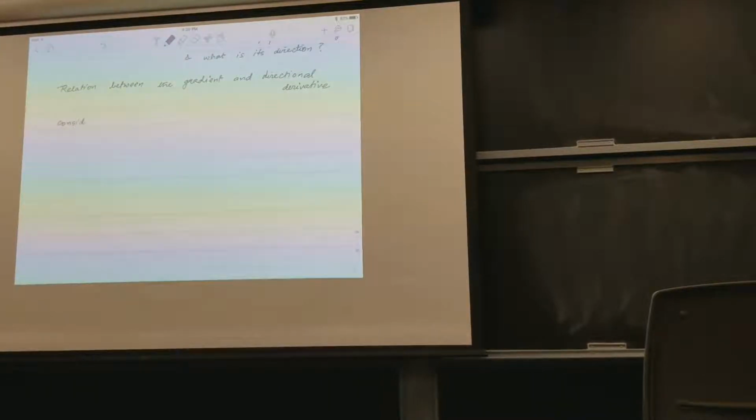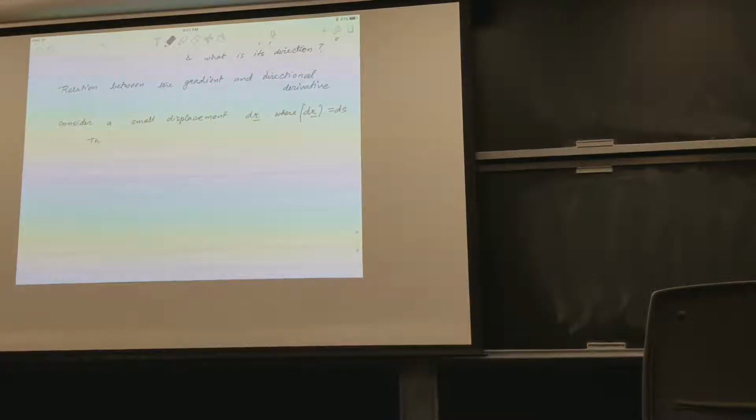Right? So if I consider a small, infinitesimally small displacement vector dr, where the magnitude of this vector is ds.